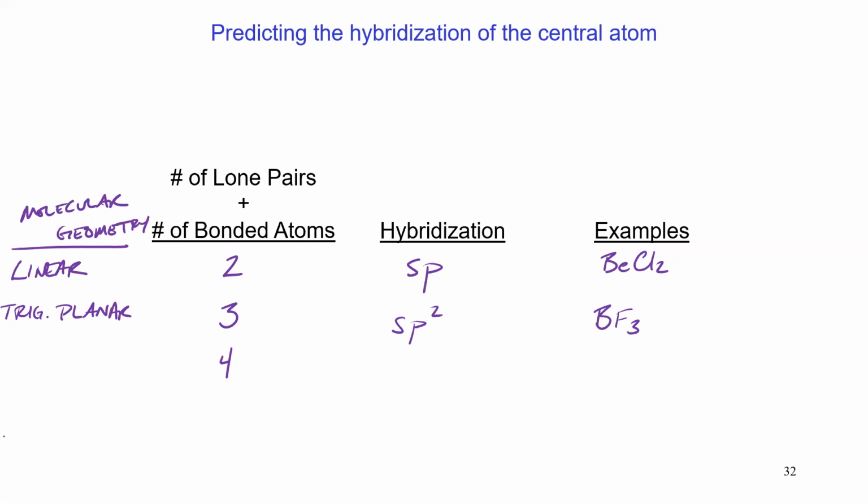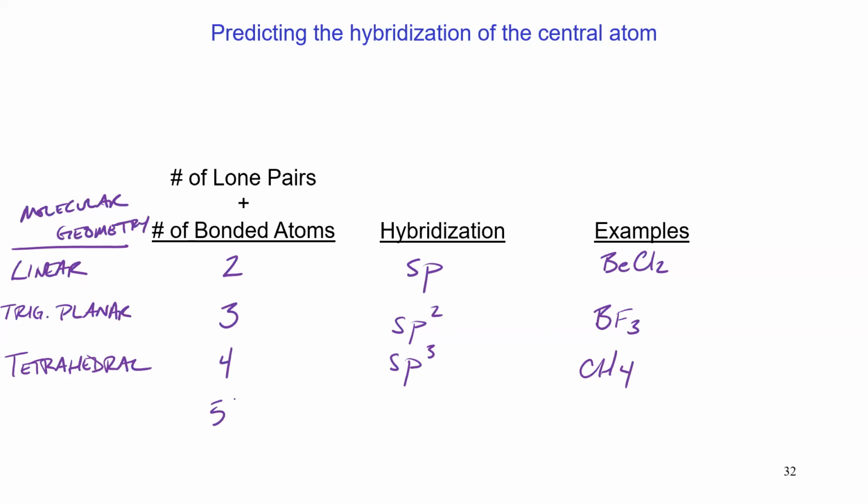So if we have 4 bonded atoms, then what's our shape? We've already talked about this one. Tetrahedral. And like I said, we've talked about this one. We know that it's sp3, and so anything works as a good example for tetrahedral.